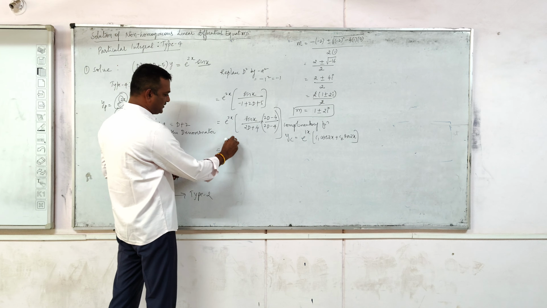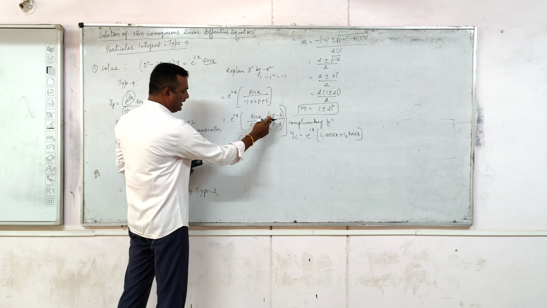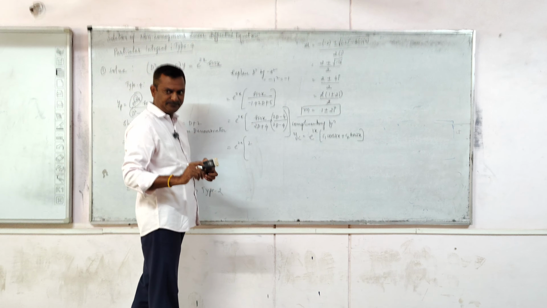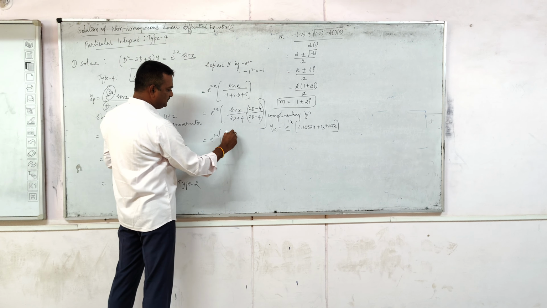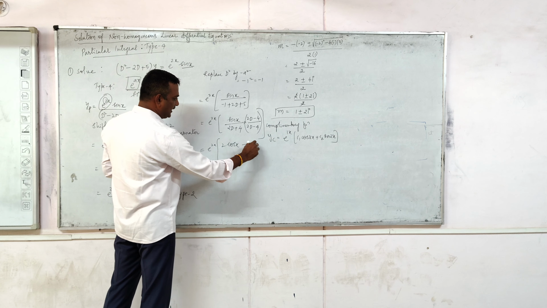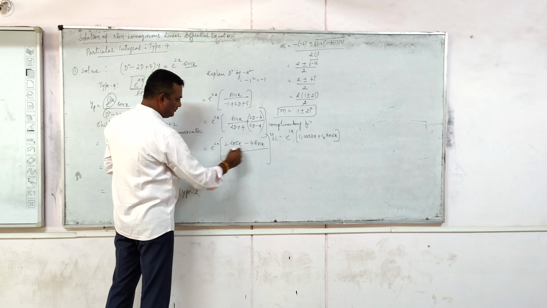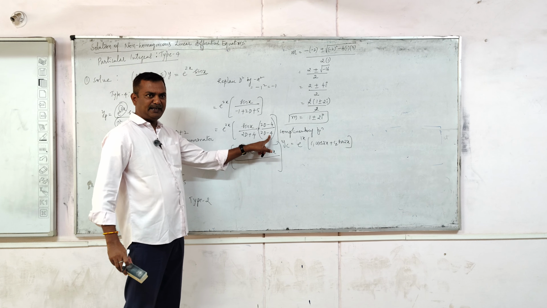e raised to 2x, 2d into sin x. D stands for differentiation. Differentiation of sin x is cos x, so it is 2 cos x. 4 into sin x is 4 sin x, divided by a plus b into a minus b.